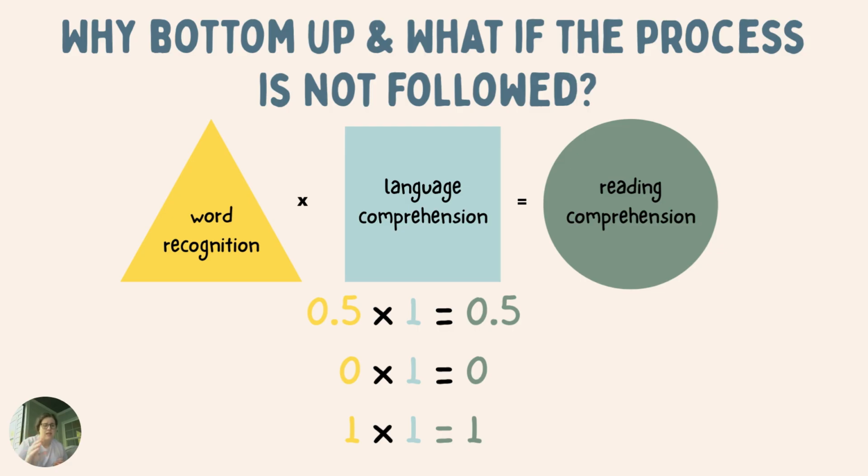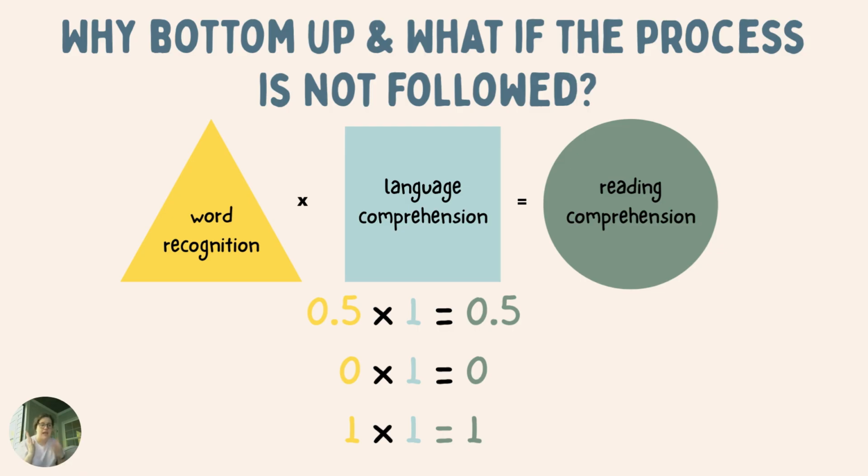But as you can see, the first example has word recognition as 5/10 or half, times 1 for language comprehension, and we get the result of half reading comprehension. But if you have no word recognition, or no language comprehension, you have no reading comprehension, I apologize.